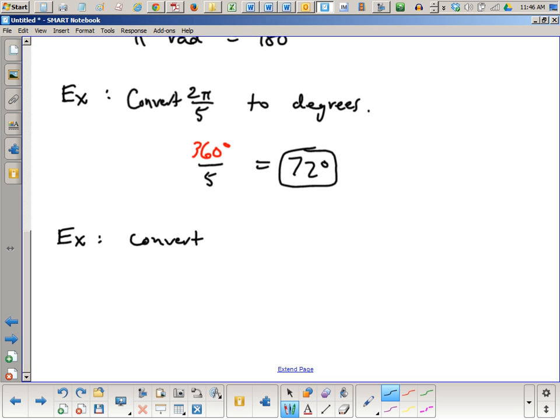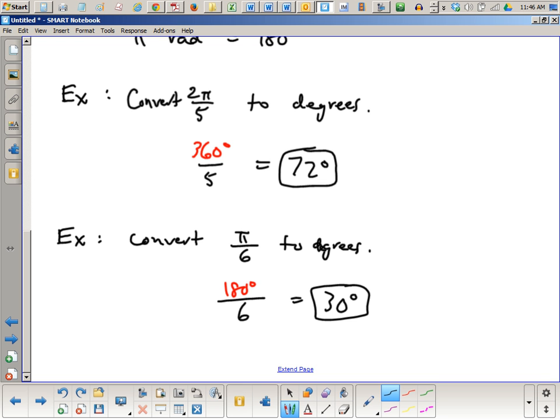Which means if the problem said convert pi over 6 to degrees, you wouldn't treat pi as 360. 2 pi was 360, right? Pi represents 180 in the world of degrees. You would say, oh, that's just 30 degrees. So you could just think of pi as 180. Just replace the pi with a 180, and you've got degrees.